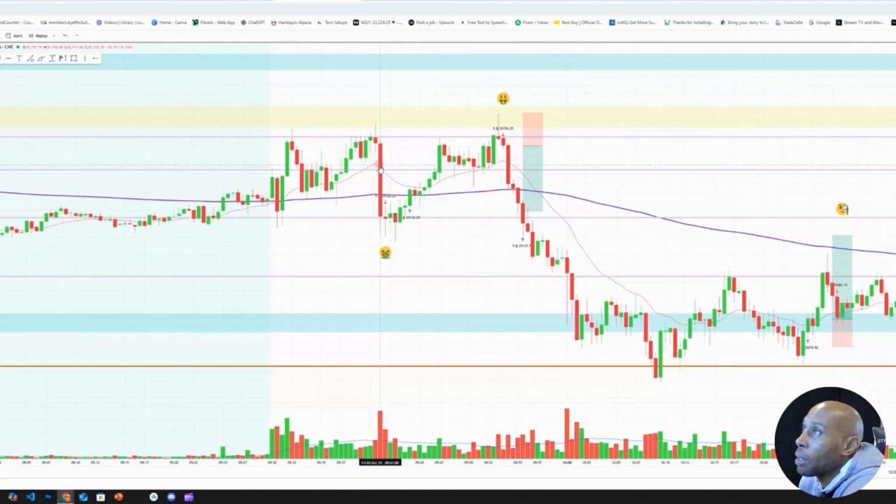And by the time I got in, because I hesitated, it was already down here past the 200 EMA, which I look for price action to break above or below my 200 EMA, depending on what the setup is. This wasn't the right setup for it, but I do look for that breakage of the 200 EMA after a rejection. I do look for price action to break either below or above my 200 EMA.